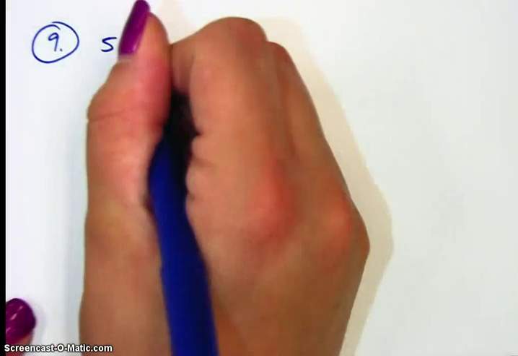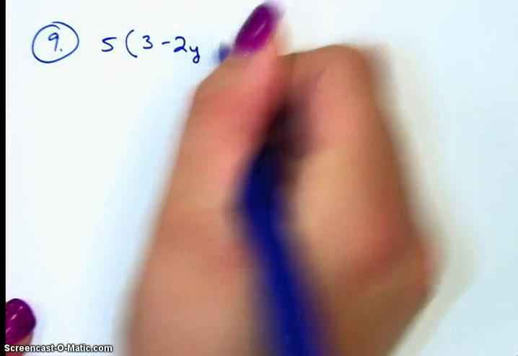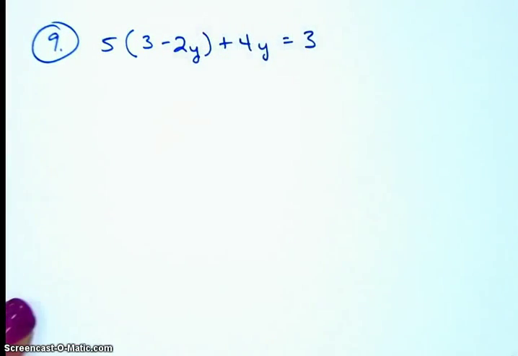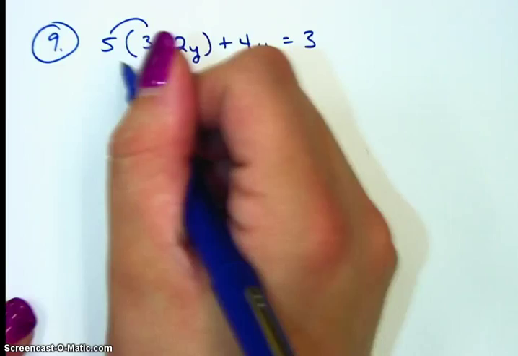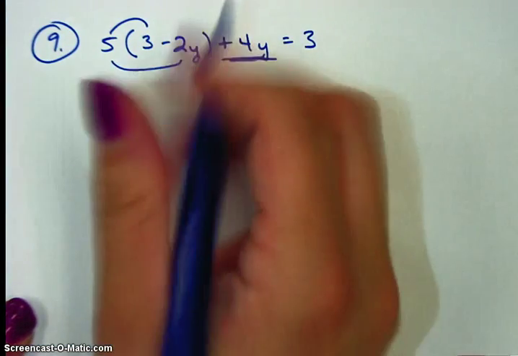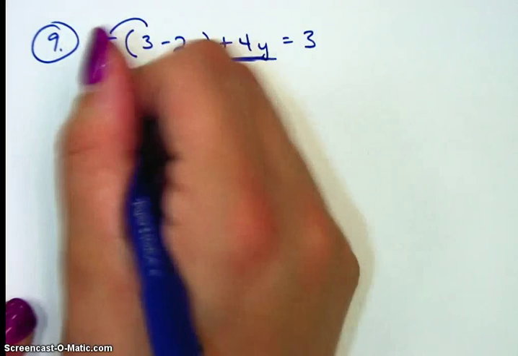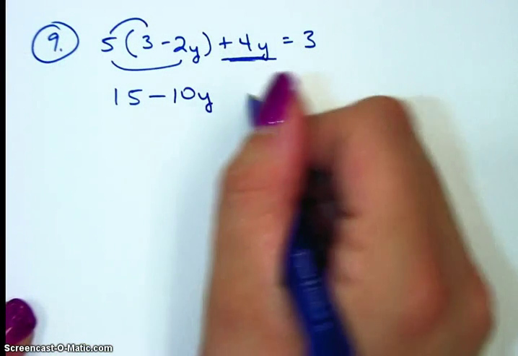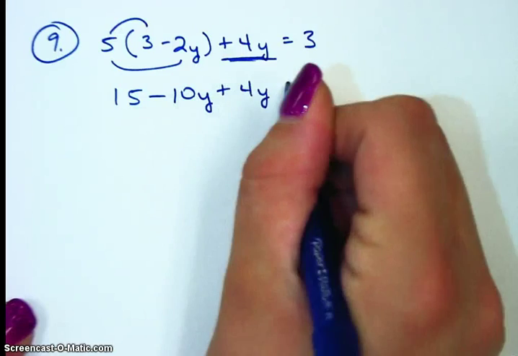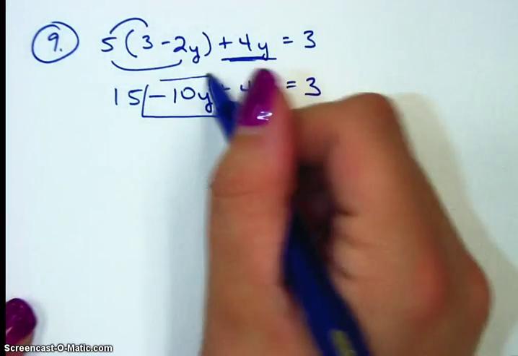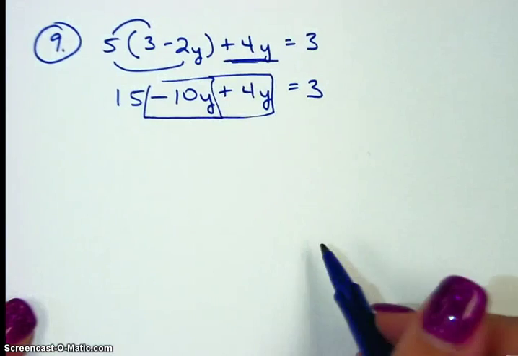Five times 3 minus 2y plus 4y equals 3. So this one we want to distribute because it has this extra term right here added on. So we have 15, 5 times 3, minus 5 times negative 2, which is negative 10y, plus 4y equals 3. Once again, we have our like terms here. I kept a sign in front.